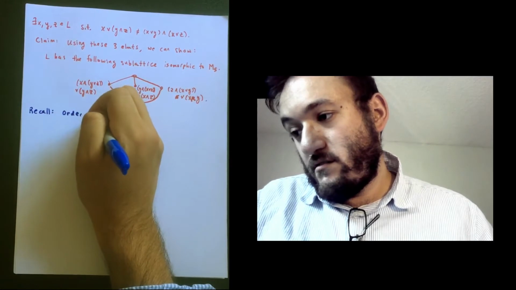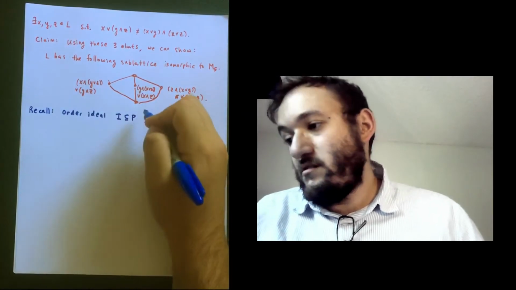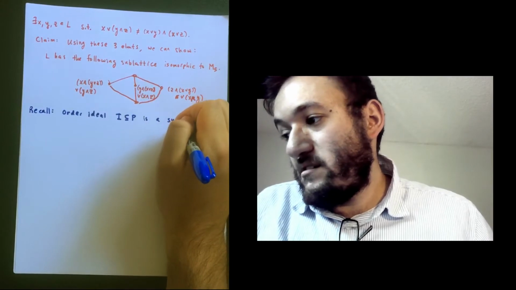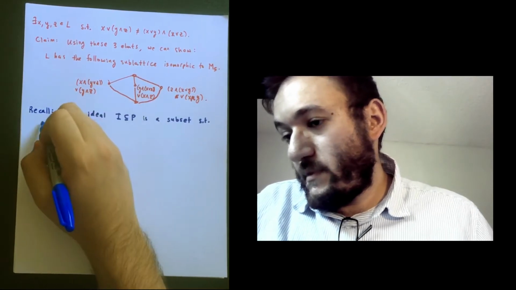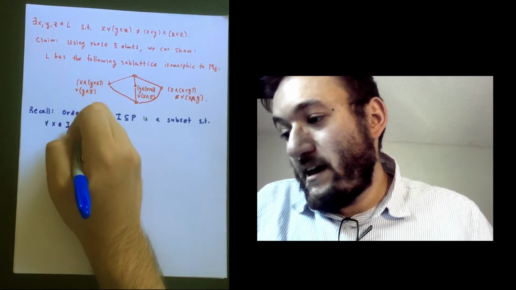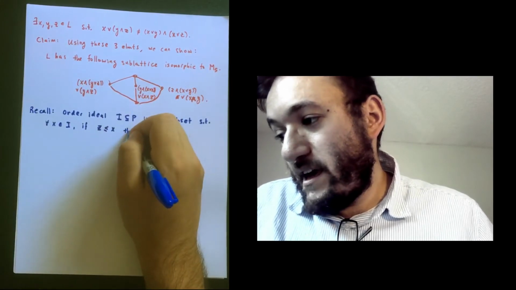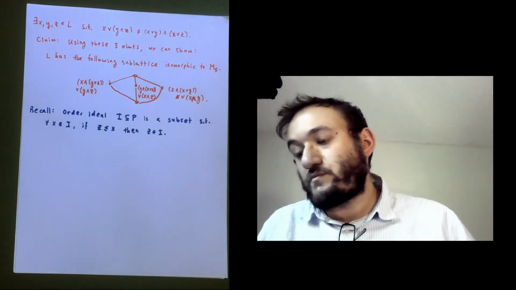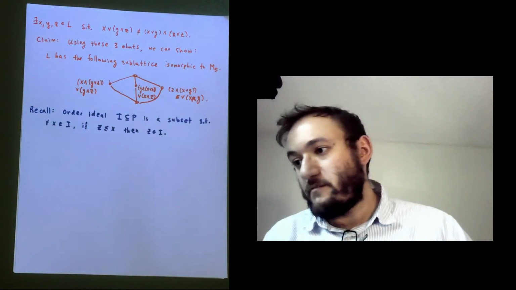Order ideal I, which is a subset of our poset P, is a subset such that for any x in I, if z is less than or equal to x, then z is also in I. Okay, so it's closed downwards. Anything that's below an element in your order ideal is also in your order ideal.